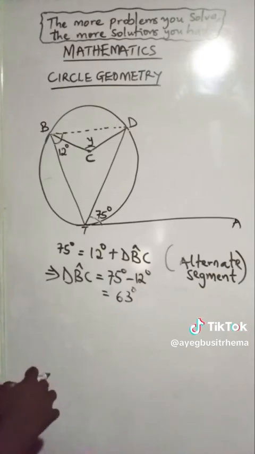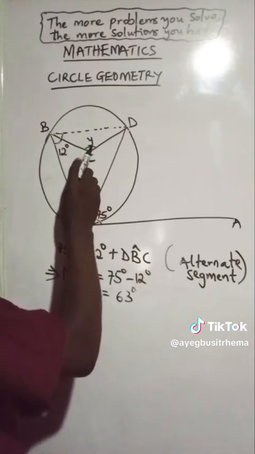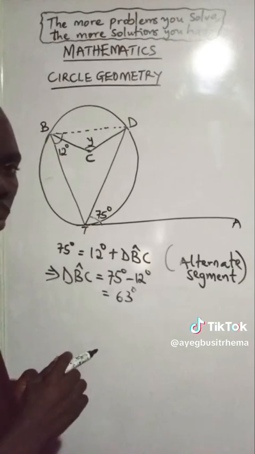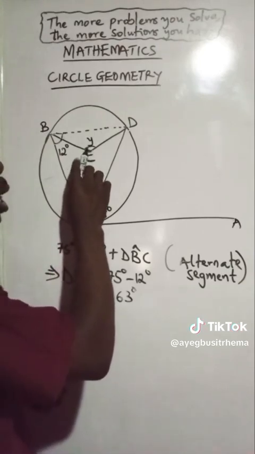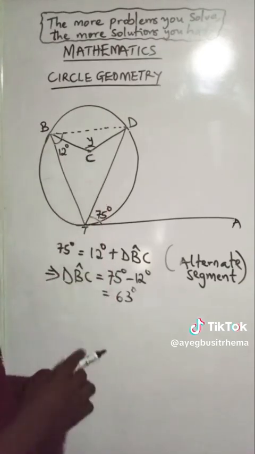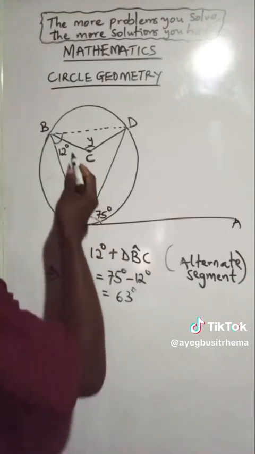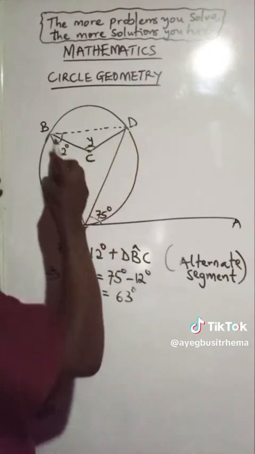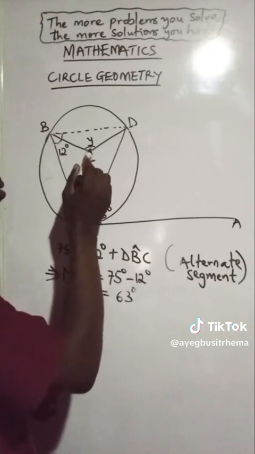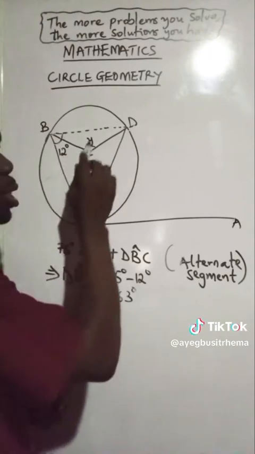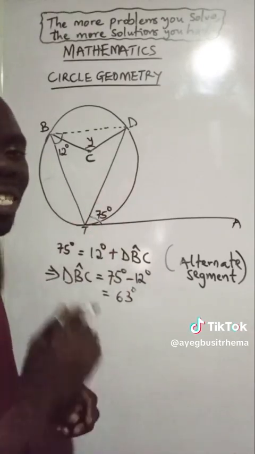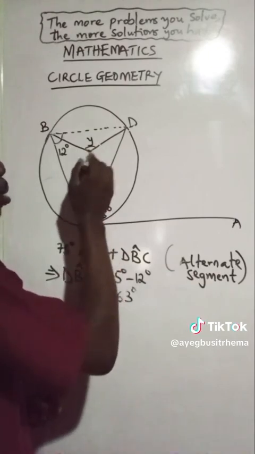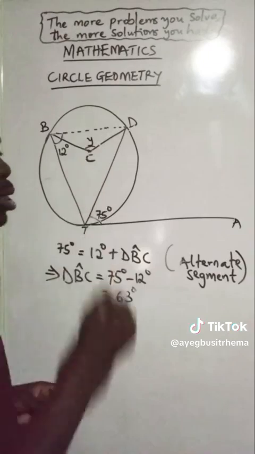So remember, what we want to find is angle y, that is the obtuse angle y. Okay, because for BCD, there are two angles here. We have the obtuse angle BCD which is y, and we have the reflex angle BCD, which is the external part, the remaining angle that makes it angle at a point.